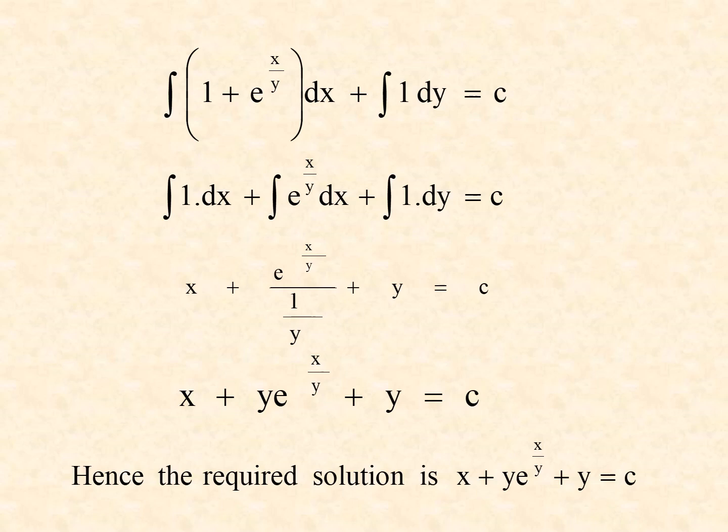Integral 1 into dx value is x, plus integral e to the power of x by y is e to the power of x by y divided by 1 by y, plus integral 1 into dy value is y, is equal to c. Move on to the next line, x plus, bring this y to the numerator, y into e to the power of x by y plus y is equal to c.